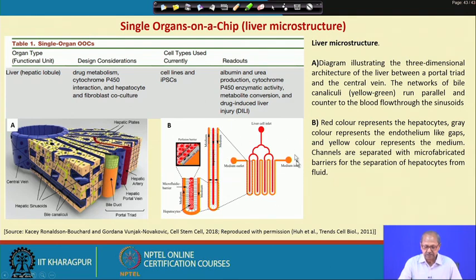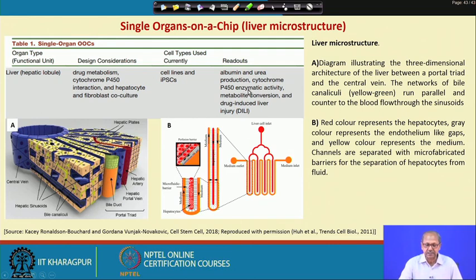This is the unit of the system. The liver cells are impregnated at high density in the middle layer, and outside there is a medium flow, and these are the microfluidic barriers which mimic the structure of your venous and arterial connection to the hepatocytes. The cell density here is almost equal to that in the in vivo system, and there is a medium inlet and medium outlet, and medium is perfused through where the hepatocytes are present in high density.